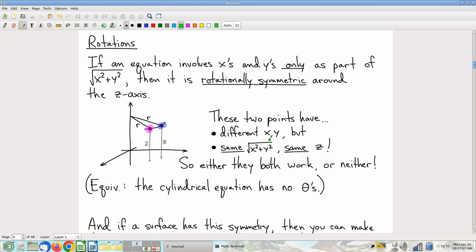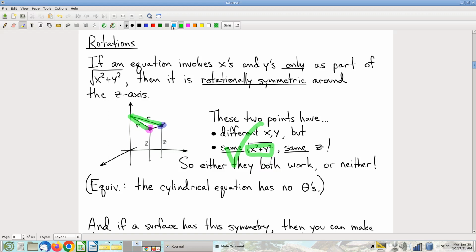But these x's and y's only serve to go into this expression right here, right? That's the only way that x's and y's show up, and by construction, that expression is exactly this distance, and these points being rotations of each other, those distances are the same, right?